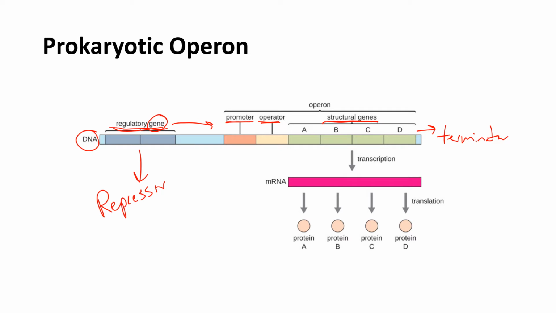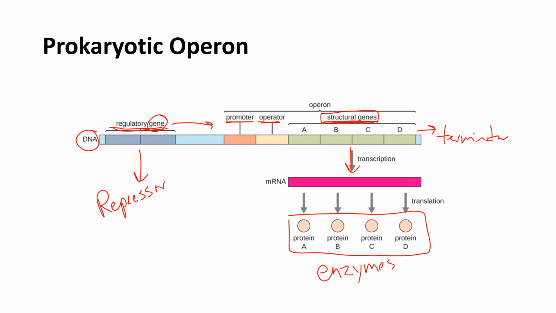These structural genes are the genes that produce the proteins that the bacterial cell wants to control the production of. Often these proteins are some type of enzyme or many enzymes.